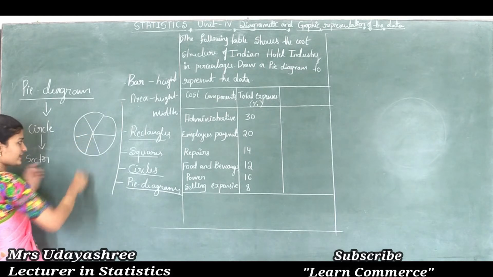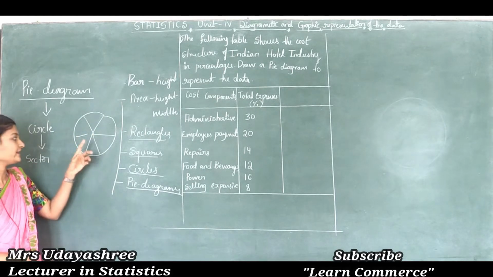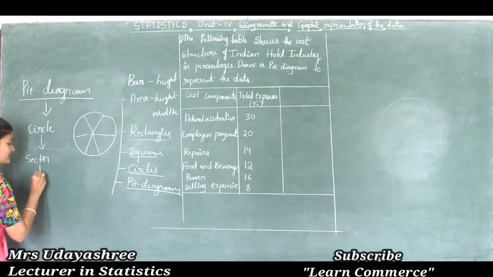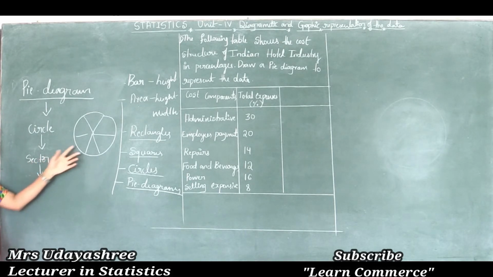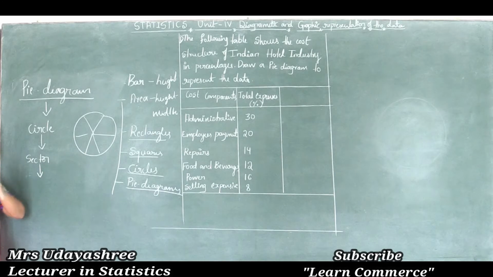These sectors are based on components, and to find sectors we need to convert these components into angles. So how to convert components into angles?